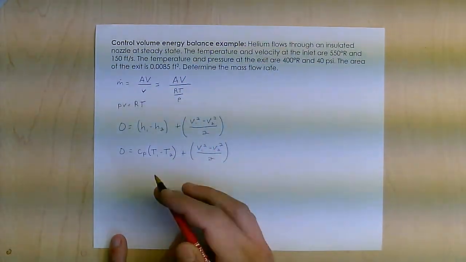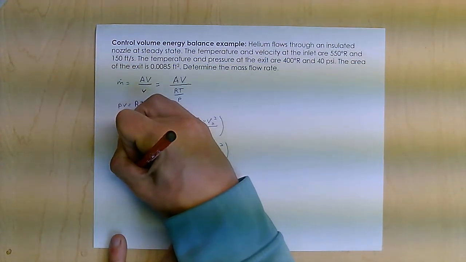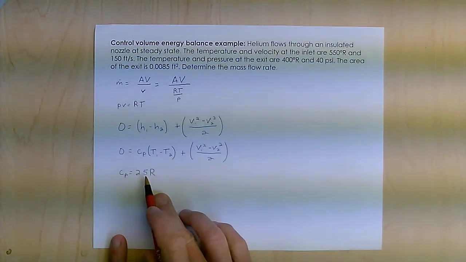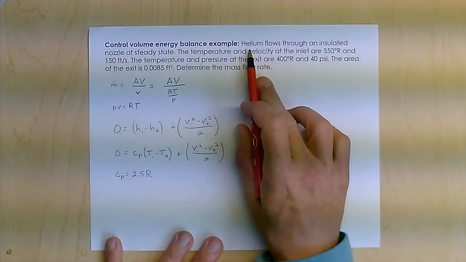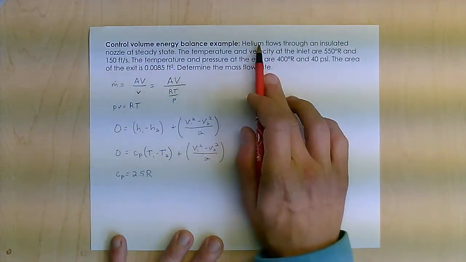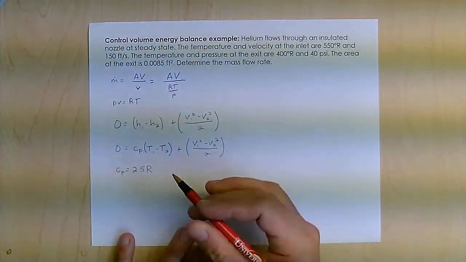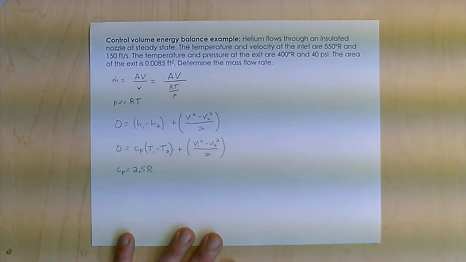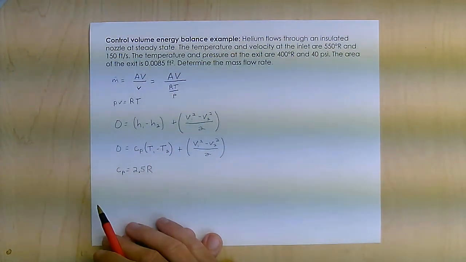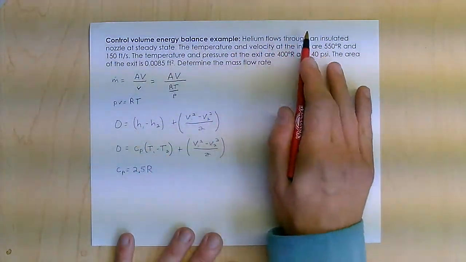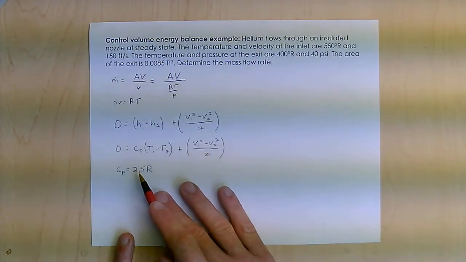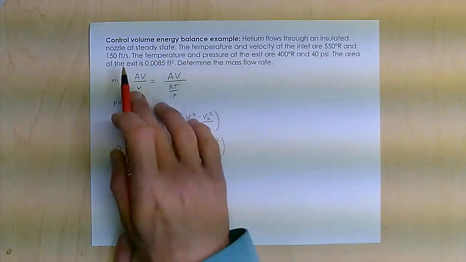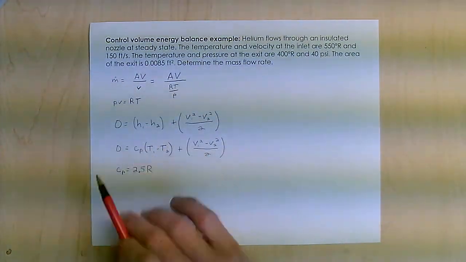Cp, you'll remember, is 2.5 R for a noble gas. Because helium is a monatomic gas, it has a constant specific heat, and that specific heat is given as 2.5 times R. You can look that up, it should be known for those monatomic gases. I use that Cp to find delta h. I know T1 and T2, so now I can find delta h.